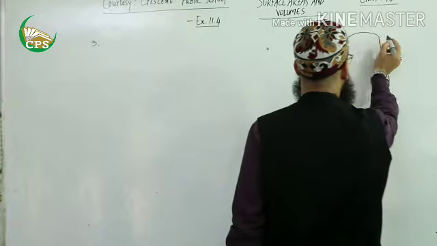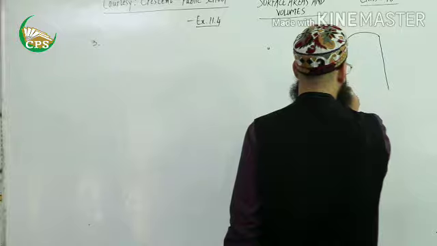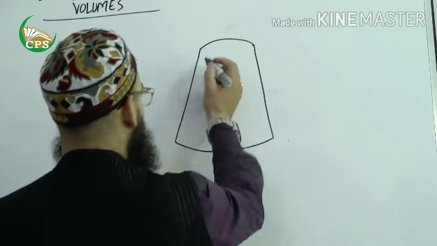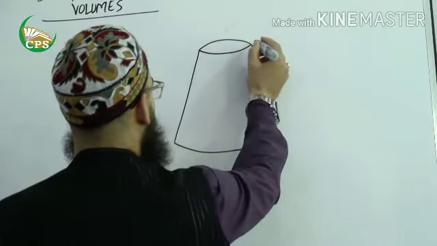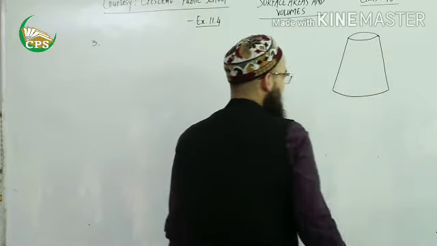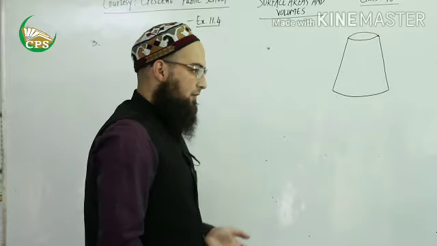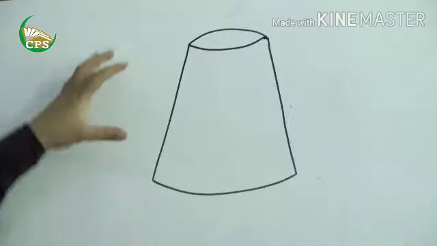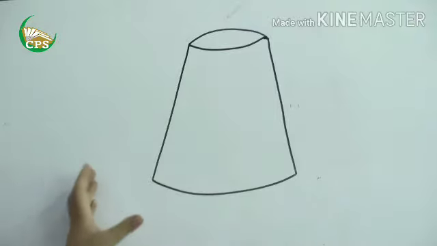So, this is a fez, like a frustum of a cone, if its radius on the open side. Now, if this is a cap, the open side is obviously the lower one, the bottom one.